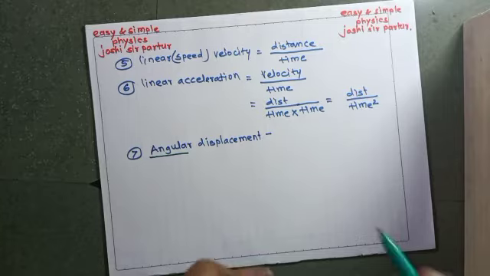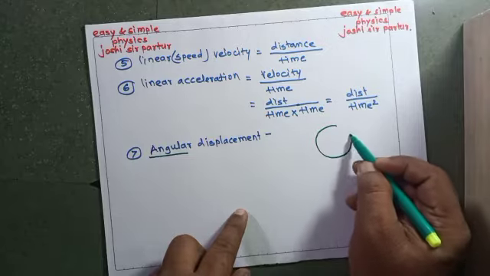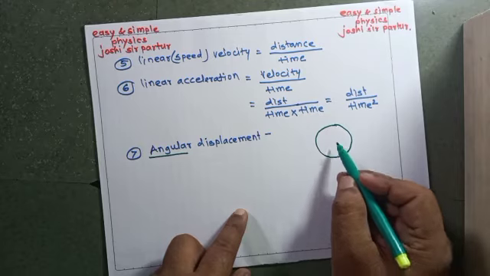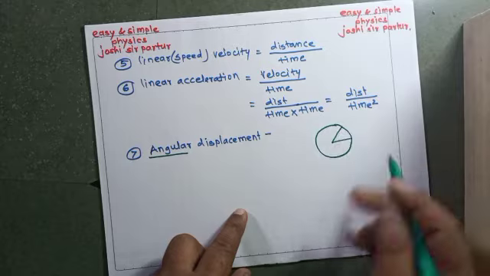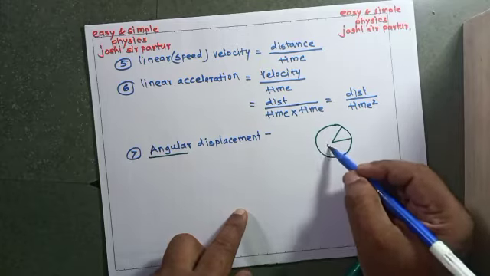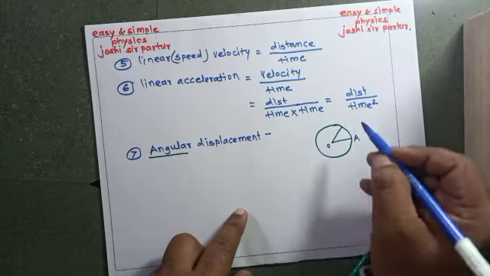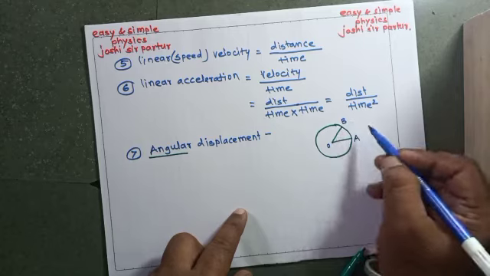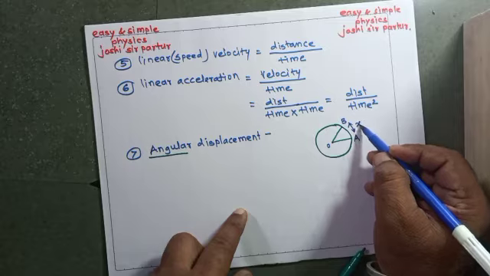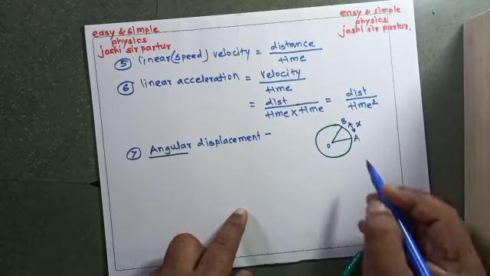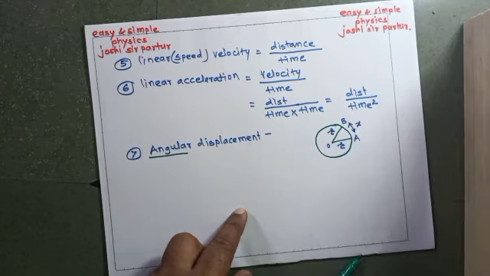Its definition is, suppose a circle is there having radius, with O at the center. A particle is initially at position A and moves towards B with linear distance, suppose x. Here OA is a radius vector and OB is a radius vector.